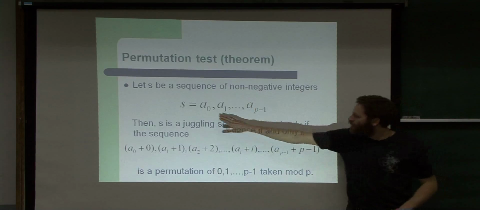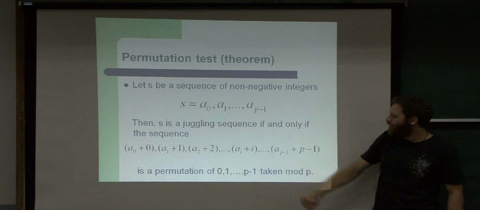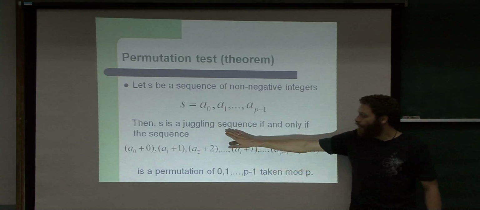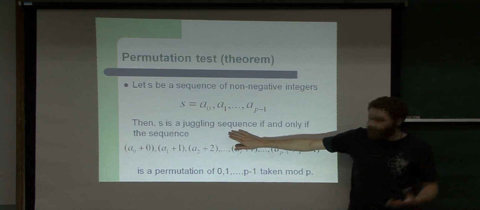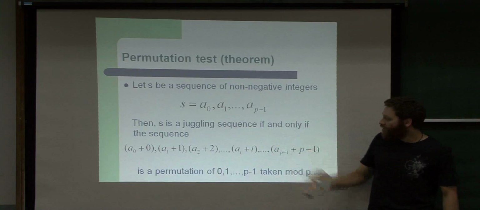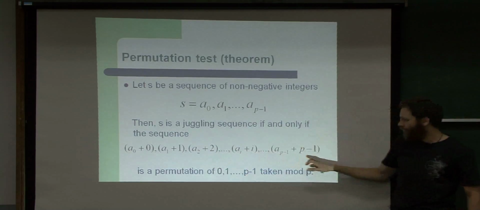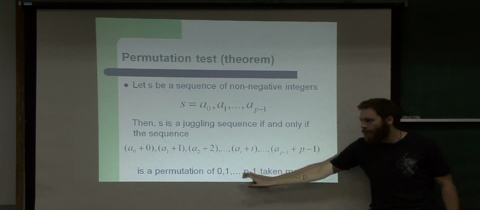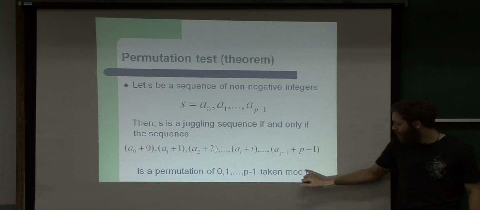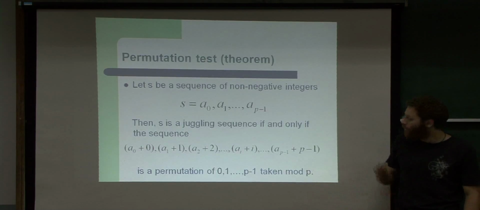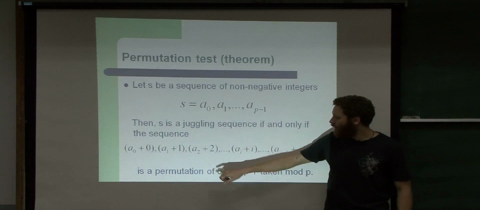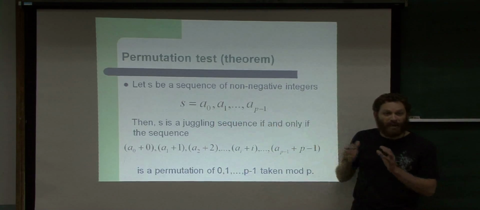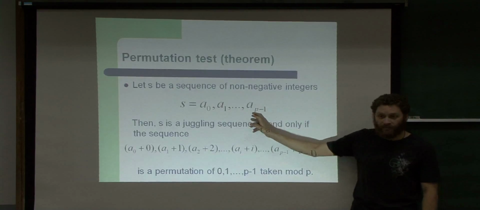So if we've got this sequence of non-negative integers, then the theorem says that this sequence is able to be juggled, or is a juggling sequence, if and only if this sequence is a permutation of 0, 1 up to p minus 1 taken mod p. All we have to do is, however long this sequence is, in this case its length is p minus 1, for some given p.